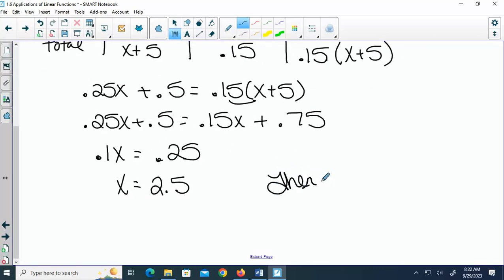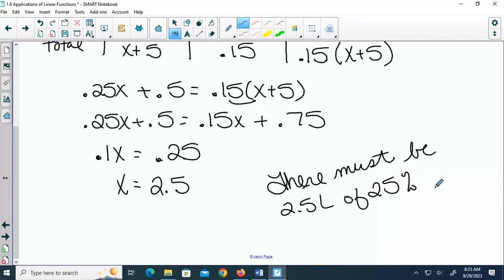So there must be 2.5 liters of the 25% solution. Questions on that?